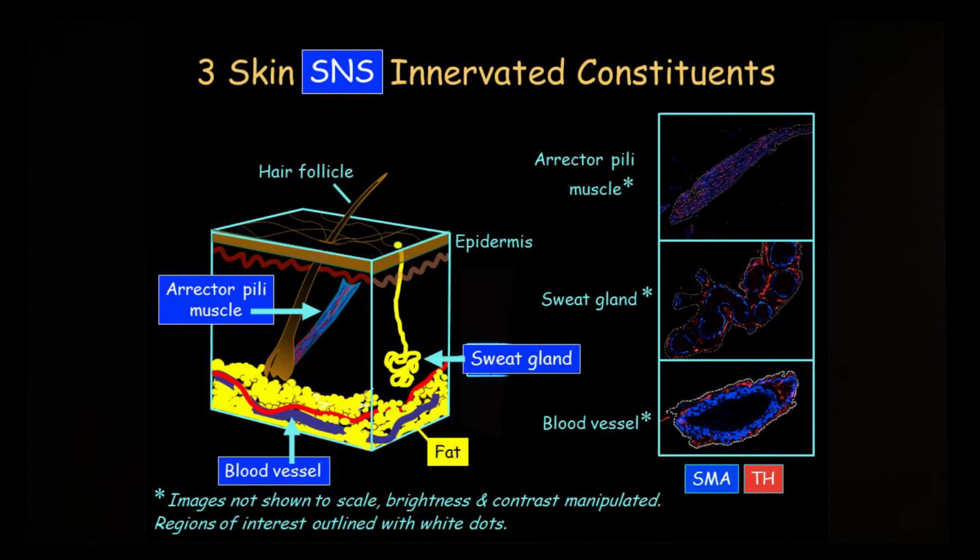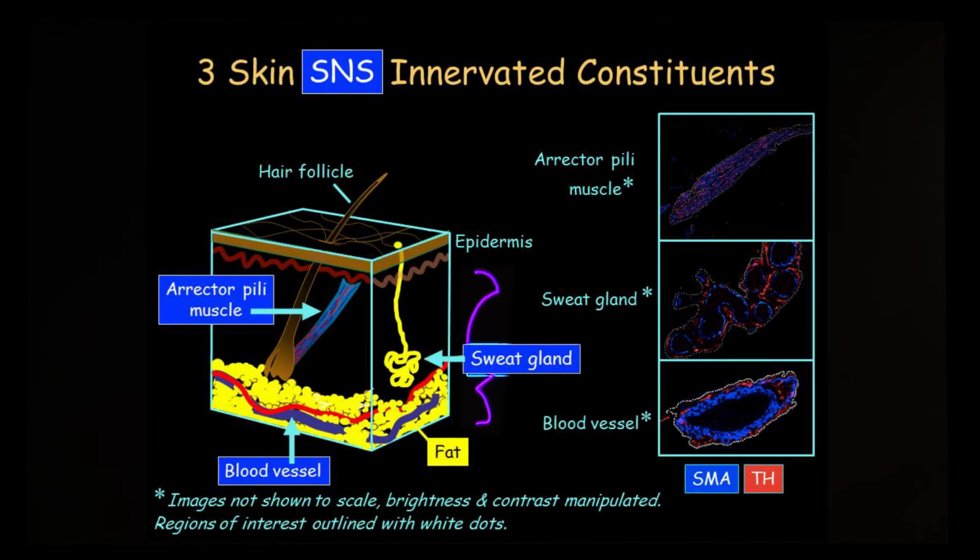You can see sympathetic nerves under a microscope if you look in a skin biopsy sample, and underneath the epidermis in the dermis here, there are three structures that receive sympathetic noradrenergic nerves.